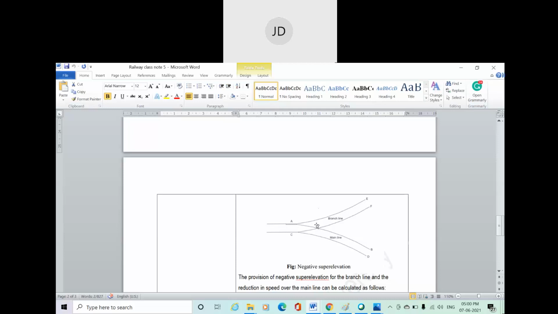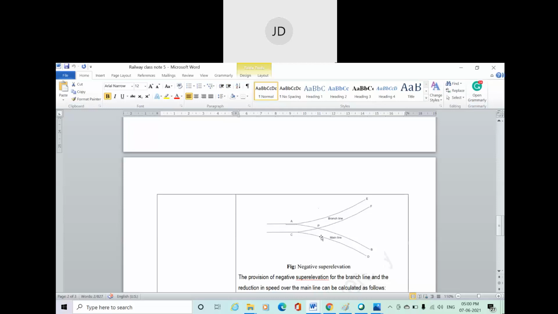The outer rail is raised above the inner rail. If you concentrate only on the main line, here you can see this is the outer rail of the main line and this is the inner rail of the main line. So when it comes to providing superelevation, the outer rail of the main line is raised above the inner rail.